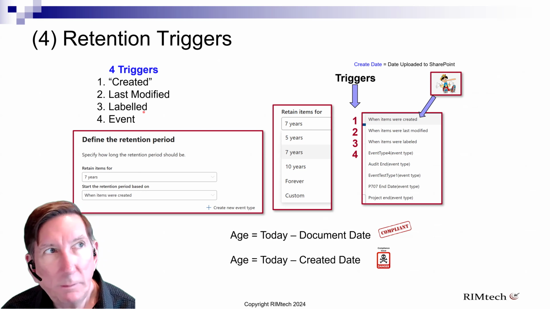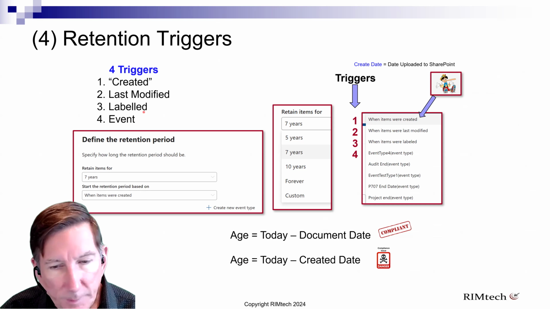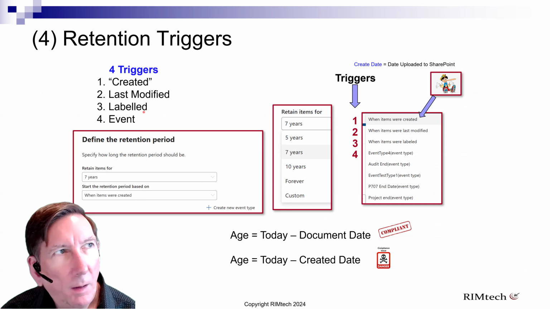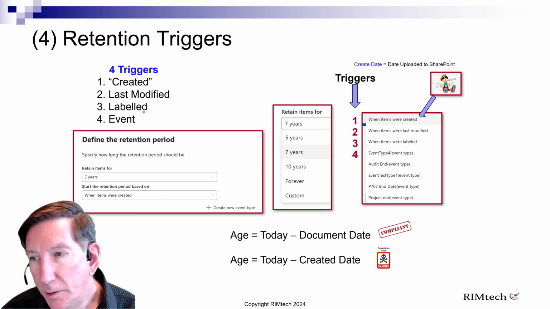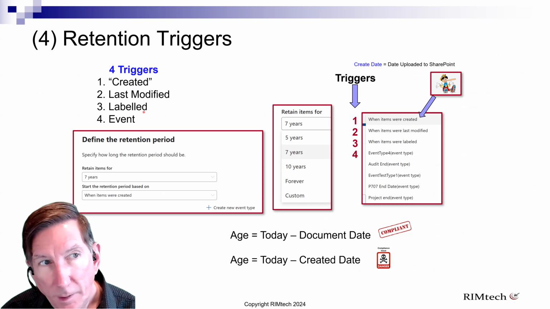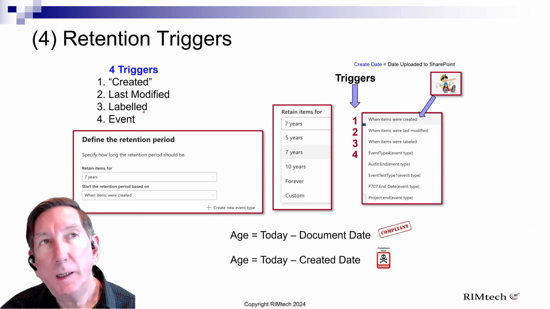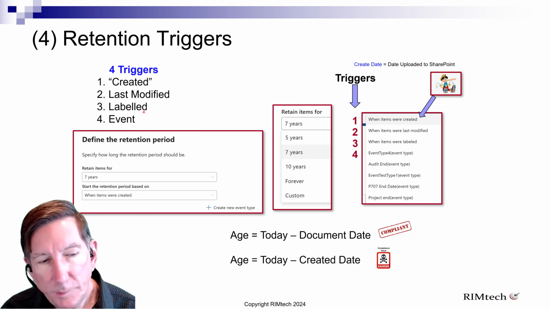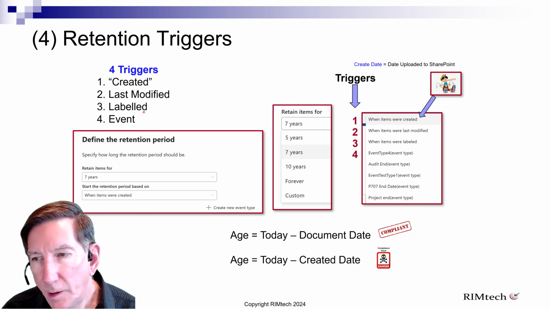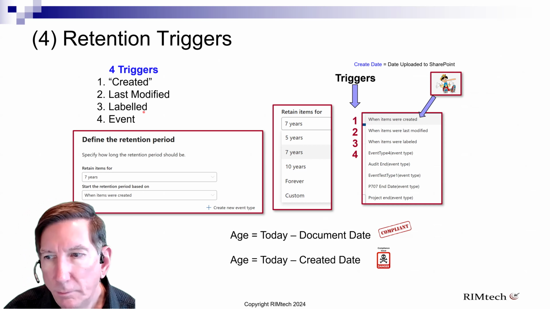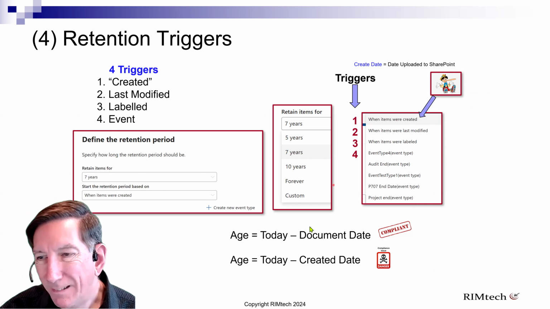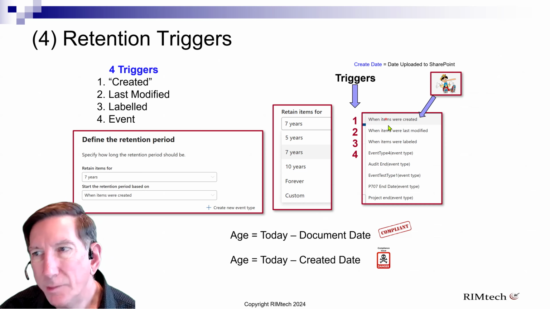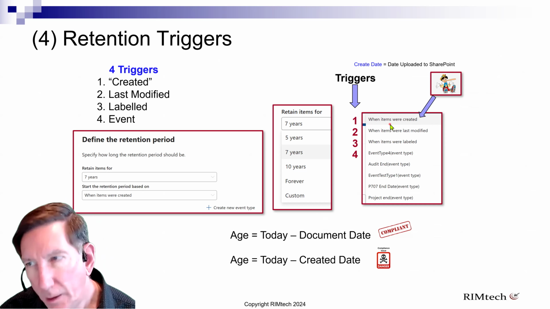But if you migrate 10,000 documents from the last 15 years and move them into SharePoint, guess what? They all have the same create date, which is today's date. So later, when your EDRMS carries out its disposition calculations, they're all wrong. They're all wrong, right? So remember, the create date in SharePoint is not the document's date.